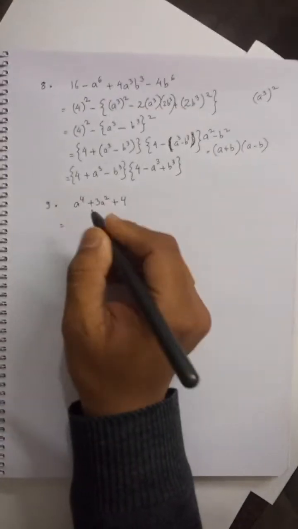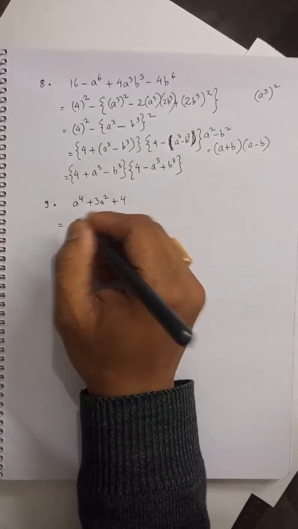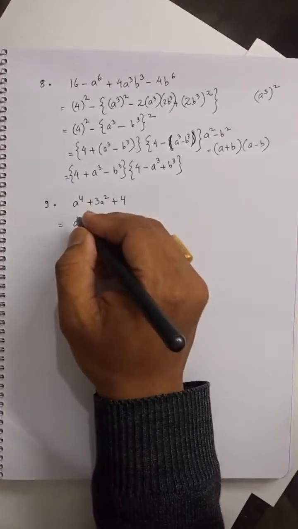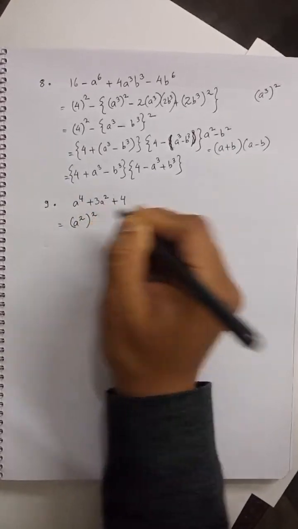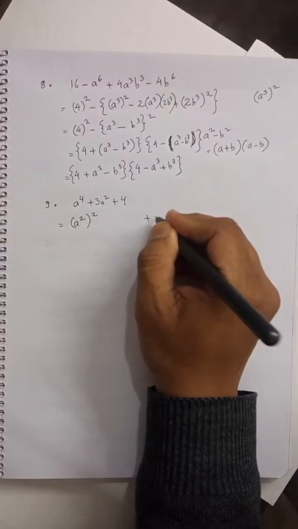Okay, so next question is a to the power 4 plus 3a square plus 4. So a to the power 4 is a square whole square, and 4 is 2 whole square.